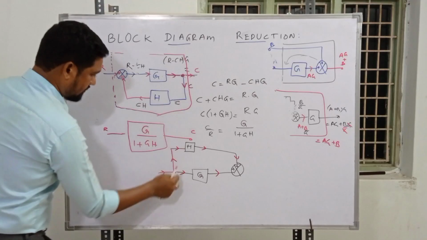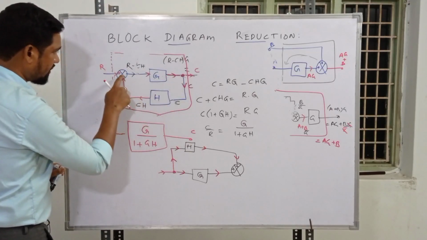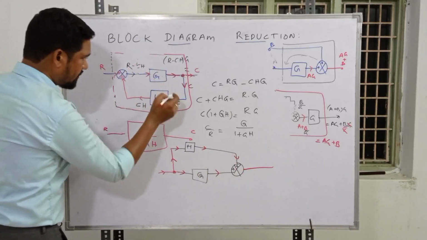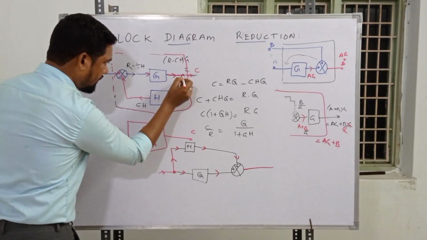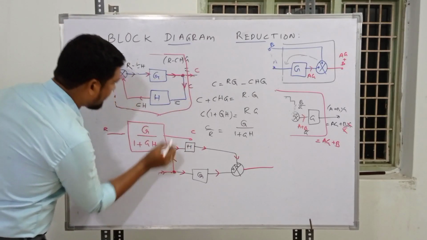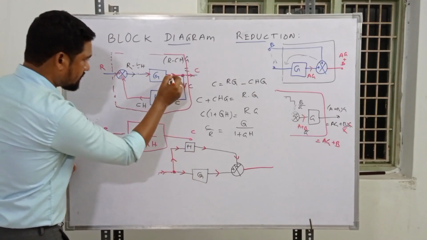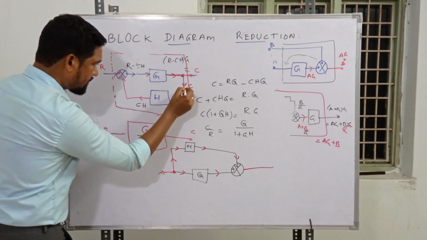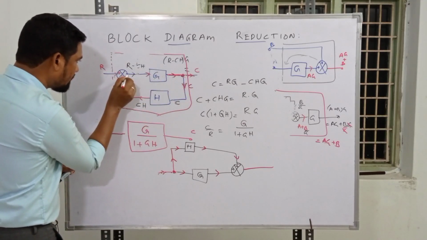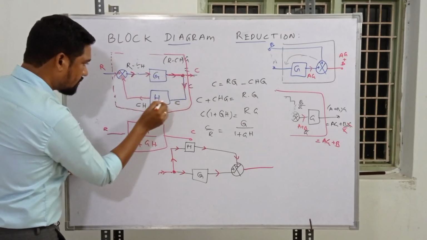Can you see the difference? This takeoff point, it's a summing point, something else after that, but can you see the difference? It's entering and it's leaving. In the other case, it's entering, but after this point it takes this diversion and gets back to this point. It's a closed loop. The signal is flowing and coming back to this point.